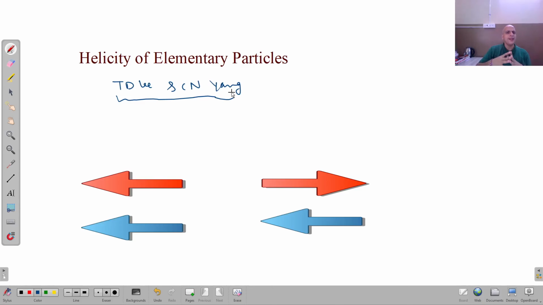So T.D. Lee and C.N. Yang suggested that the violation of the parity conservation in beta decay is because of the longitudinal polarization of the emitted electron neutrinos, right? Now in order to measure this polarization, they suggested a term. That term is known as helicity.